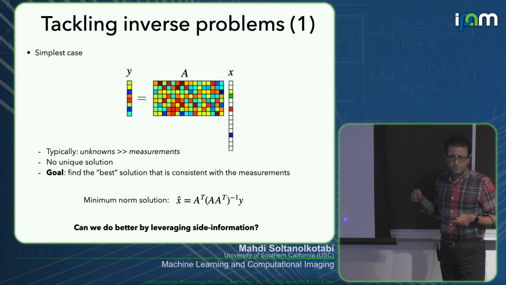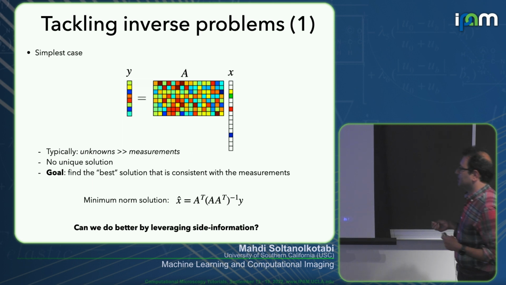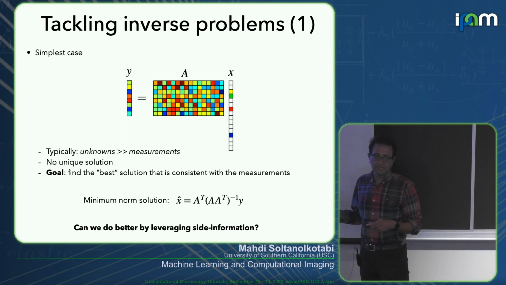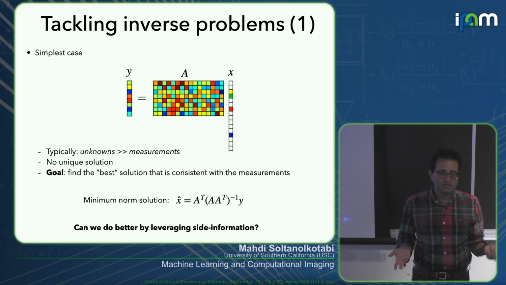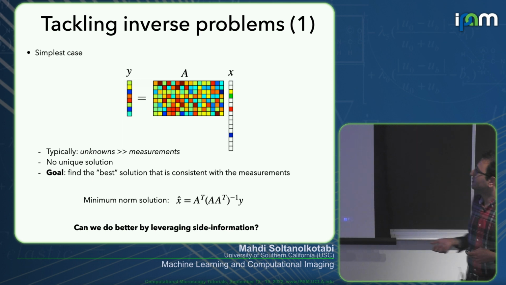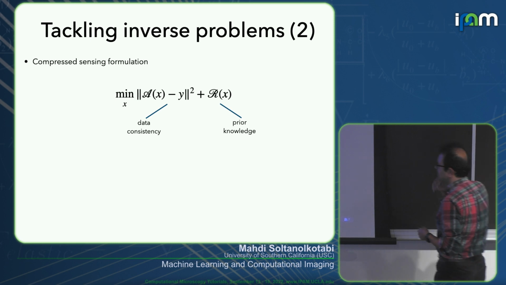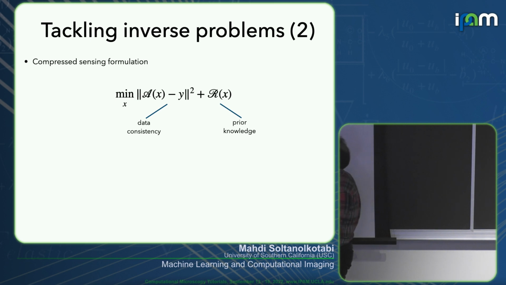And of course, then over the last decade, in more of these compressed sensing areas, there was this idea of, can we do better by leveraging side information, right? Like if we know something about the class of signals that we're trying to reconstruct, maybe they're sparse in some domain, right? Can we utilize that to do better, right? And this led us to these kinds of formulations, which you can call compressive sensing formulations, where you have a data consistency term, which basically enforces that the forward model matches the measurements.